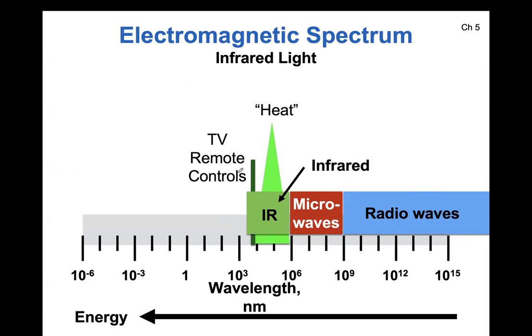A lot of sensors use infrared, and heat. The typical molecular vibration at Earth surface temperatures is going to cause a type of spectrum that's peaking in the infrared.